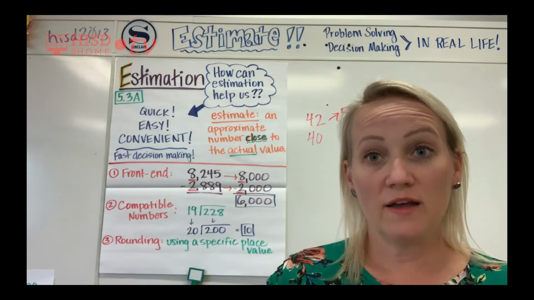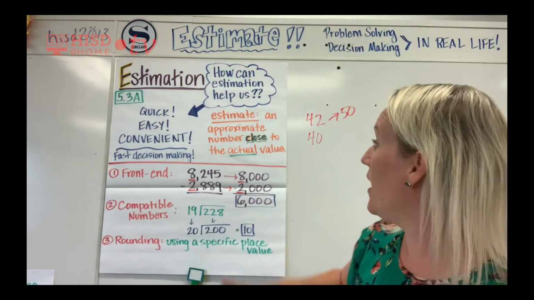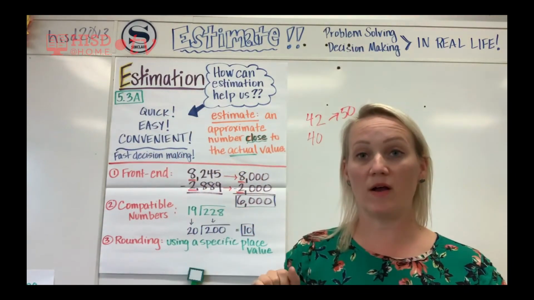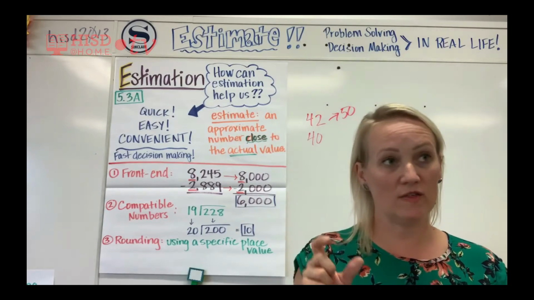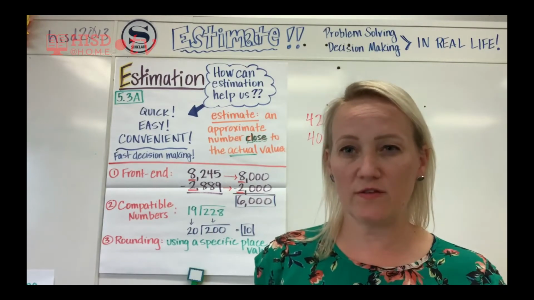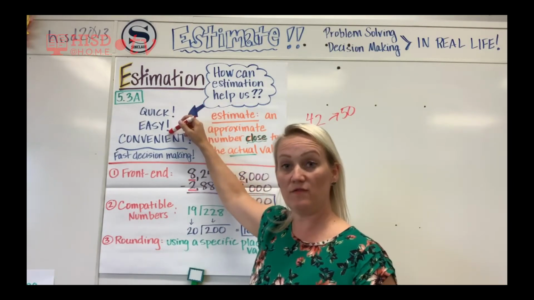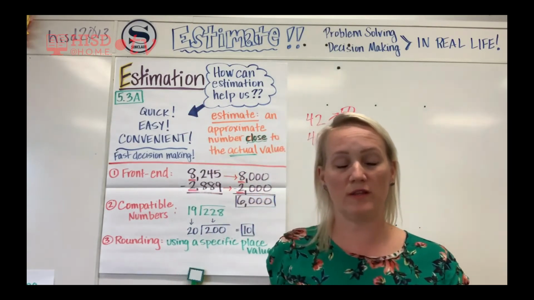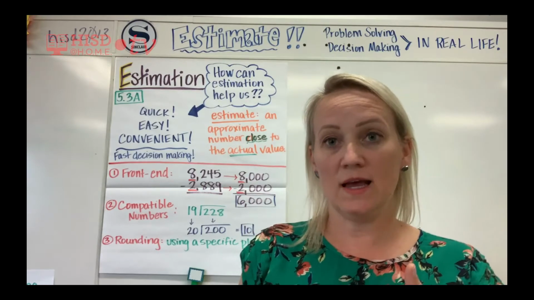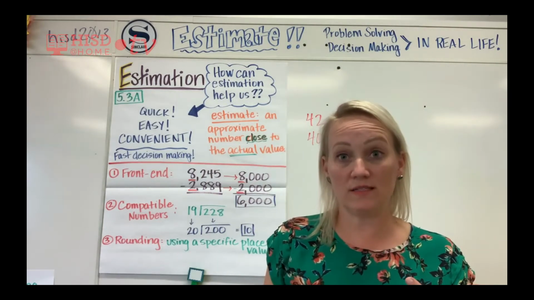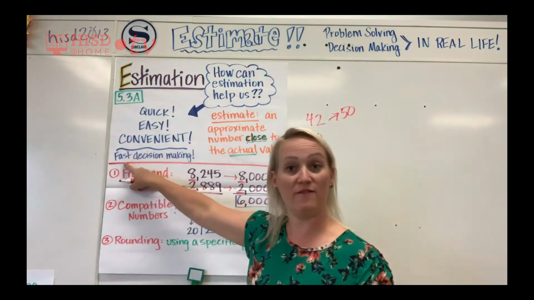So why do we use estimation? So I always talk about the purpose of it. Think about it. When you use a number that's not the exact number, just a close enough number, it's quick, easy, and convenient. And convenient means, if you don't know what that means, that it's handy, like it's nice to have. Like if you can calculate something very quickly and make a fast decision.